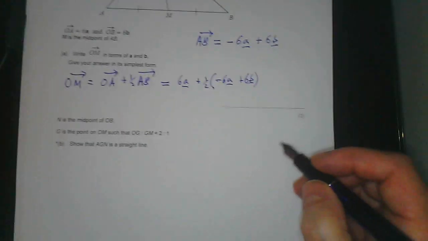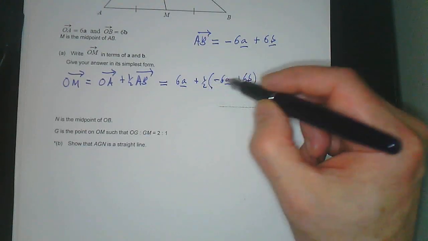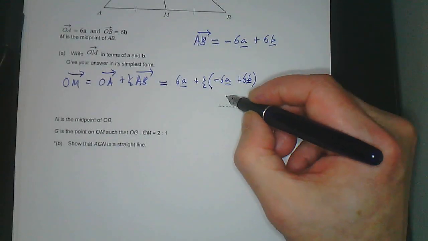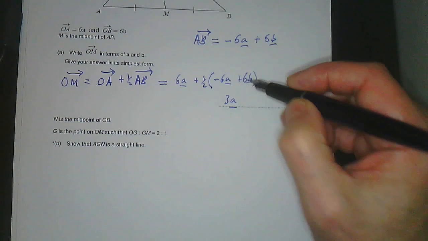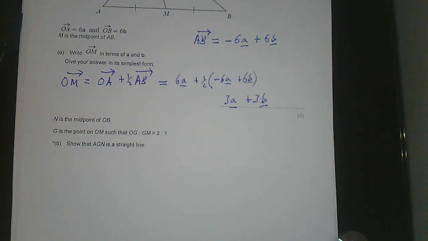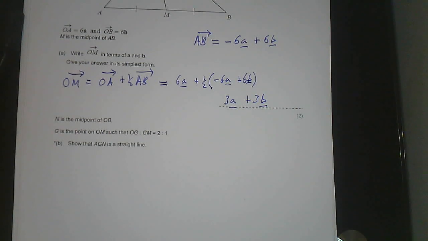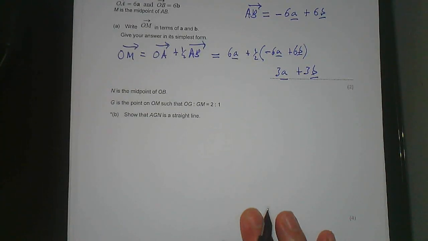So this, I'm going to just write it in the answer space here, is 6a minus 3a is just 3a. And then a half of 6b is just 3b. And that's the answer to the question. That bit's relatively straightforward. Let's have a look at the second part.